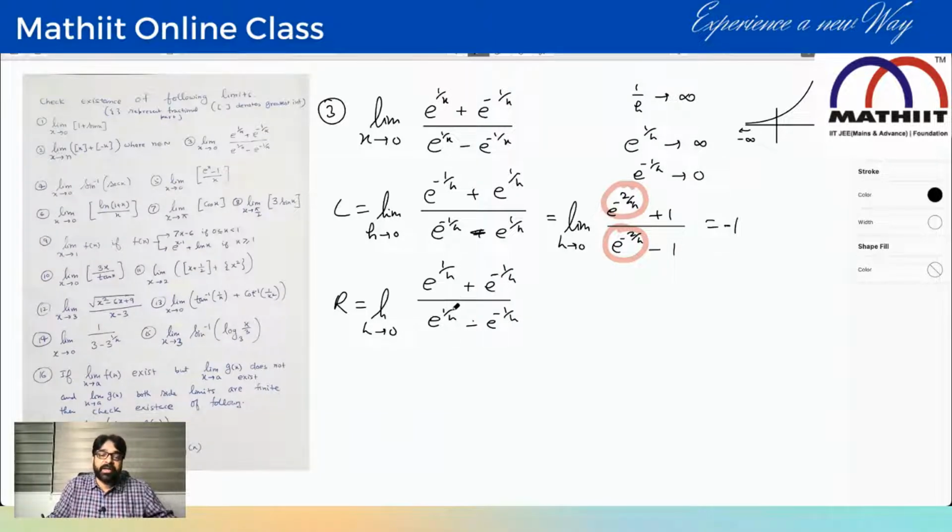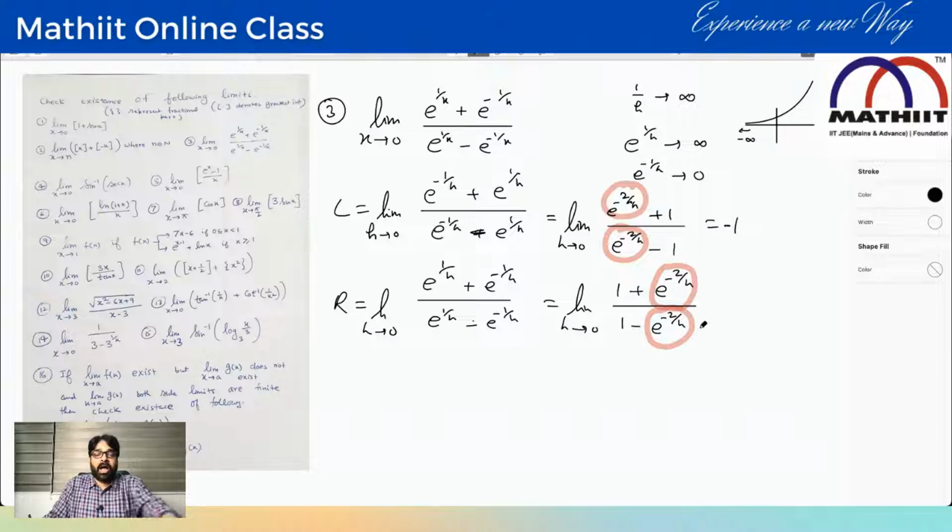Who is creating infinity by infinity form? E power 1 by h. So divide numerator and denominator by e power 1 by h. So this will become 1 plus e power minus 2 by h divided by 1 minus e power minus 2 by h. Again, this value will be 0 because this is e power minus infinity. This value will also be 0, and the result is going to be equal to 1.